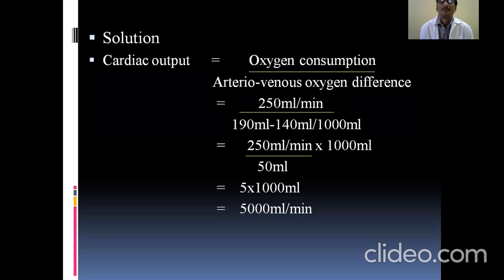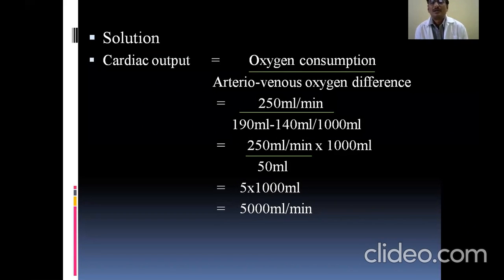This formula is based on Fick's principle. The whole oxygen consumption is 250 ml, and this 250 ml is being distributed or taken up by the whole of the cardiac output when it passes through the pulmonary circulation. So here the volume of distribution is nothing but the cardiac output.